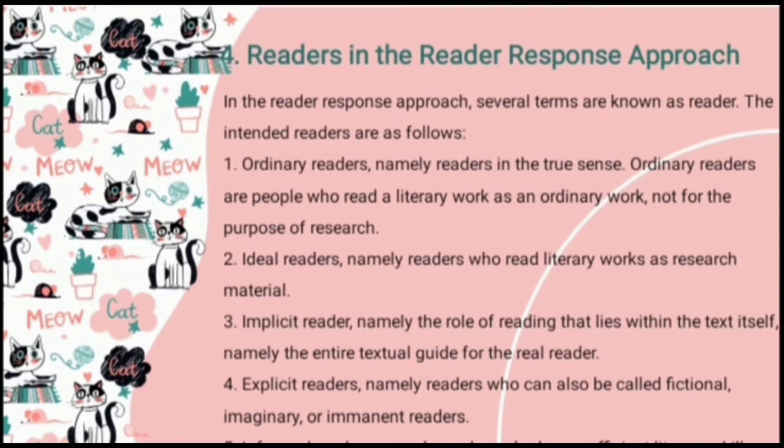The second is the ideal reader, namely a reader who reads a literary work as research material. The third is the implied reader, namely the role of reading that lies within the text itself, intellectually good for the real reader. And the last is the explicit reader, namely a reader who can also be called a fantasy, imaginary, or immense reader.